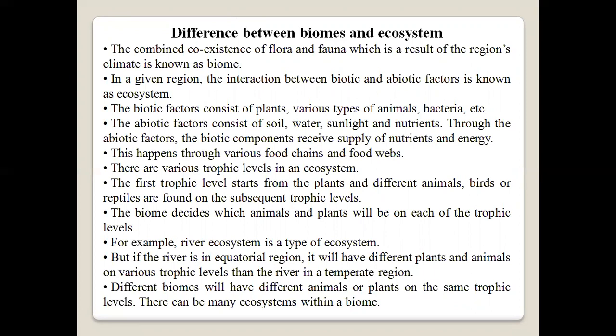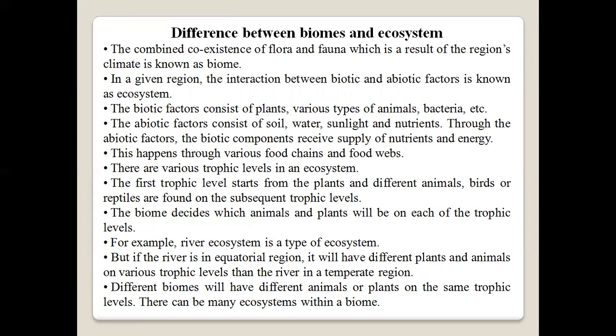There are various trophic levels in the ecosystem. The first trophic level starts from the plants, and different animals, birds, and reptiles are found on the subsequent trophic levels. The biomes decide which animals and plants will be on each of the trophic levels.